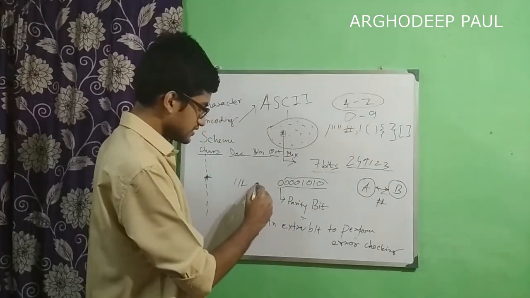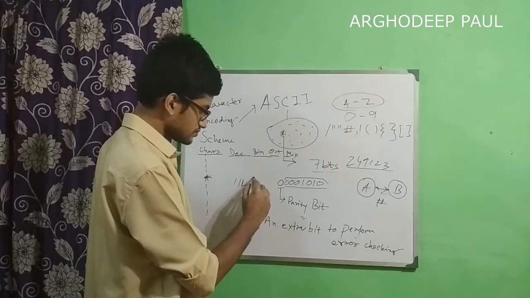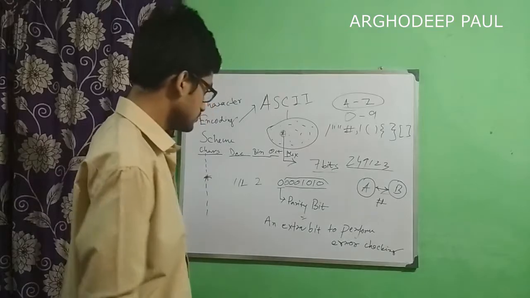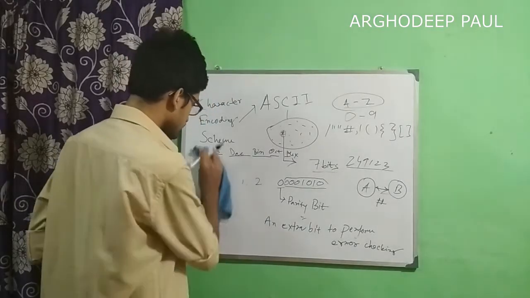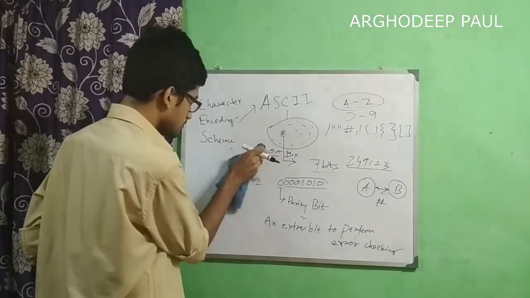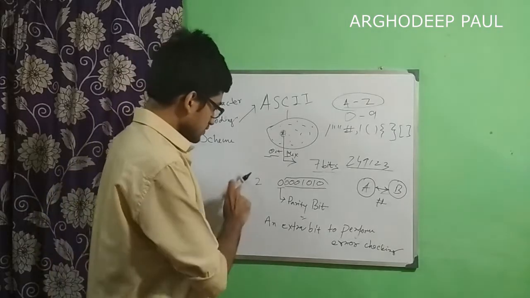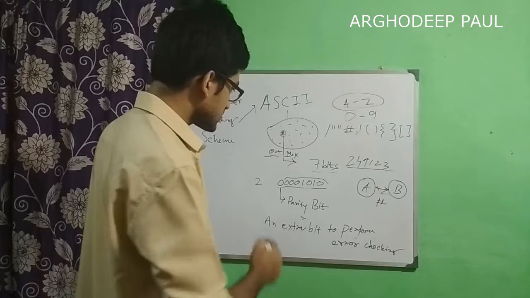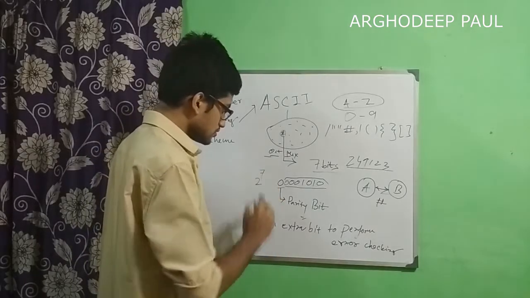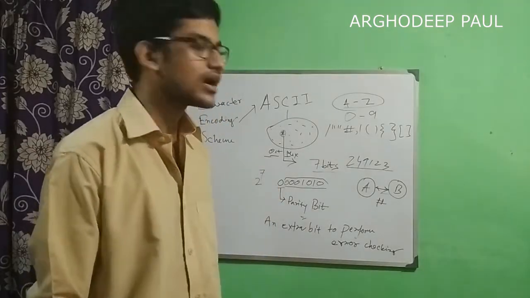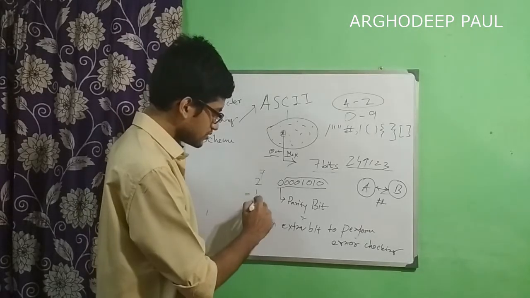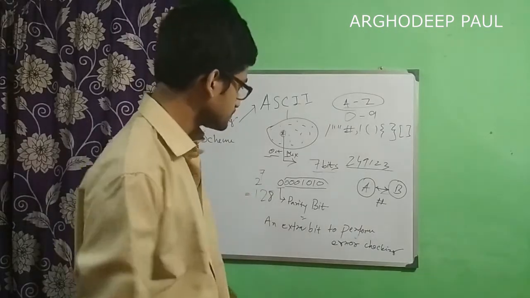So the base is binary, which is 2, and it requires 7 bits to express any character. So 7 is the power. If I find out the number from base and power, it will be 128.